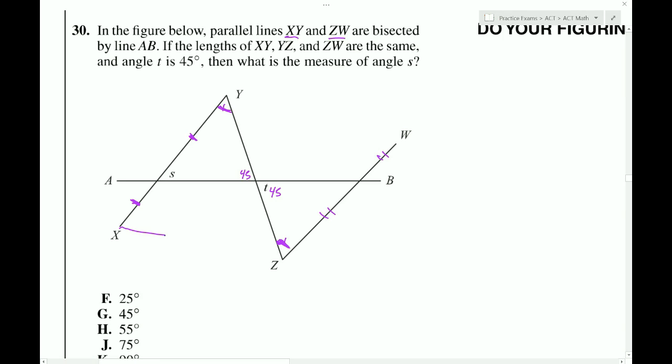Well, if I was to draw in this extra piece for top and bottom here, then let's see, I would have a rhombus, wouldn't I? Yeah, I would have a rhombus because I know that, for example, XY equals WZ. XY and WZ are the same length, right?